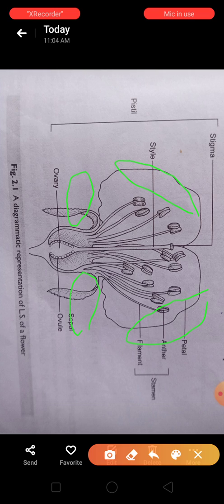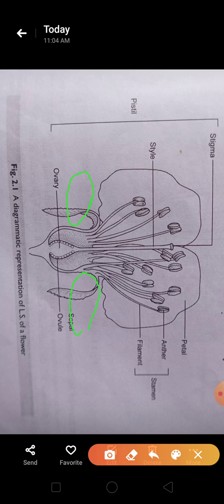The role of the petals is to attract pollinators for pollination, and the sepals provide protection to the flower.